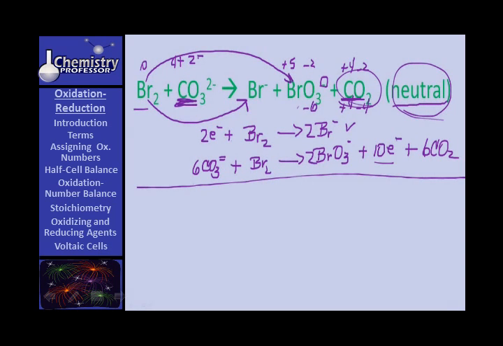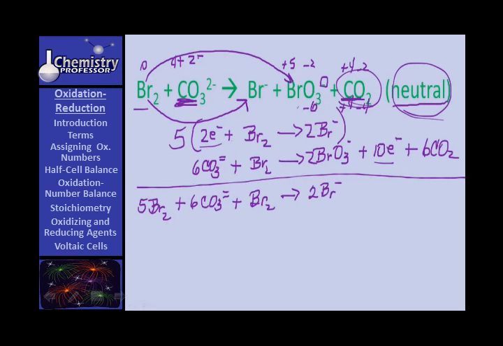Well, I have 10 electrons out and 2 electrons in, so I have to go in here and multiply this top equation by 5. All right, that makes the electrons in and out right. Let's add them up. So that's 5 Br2s plus 6 carbonates plus a Br2 is going to produce 2 bromide ions.